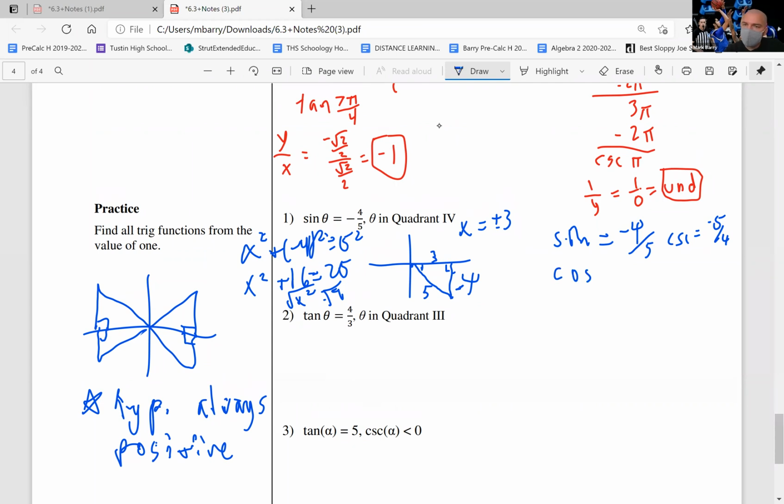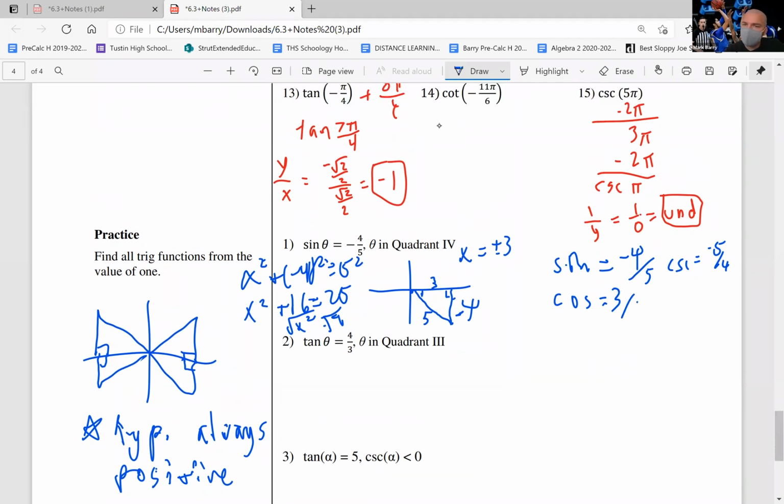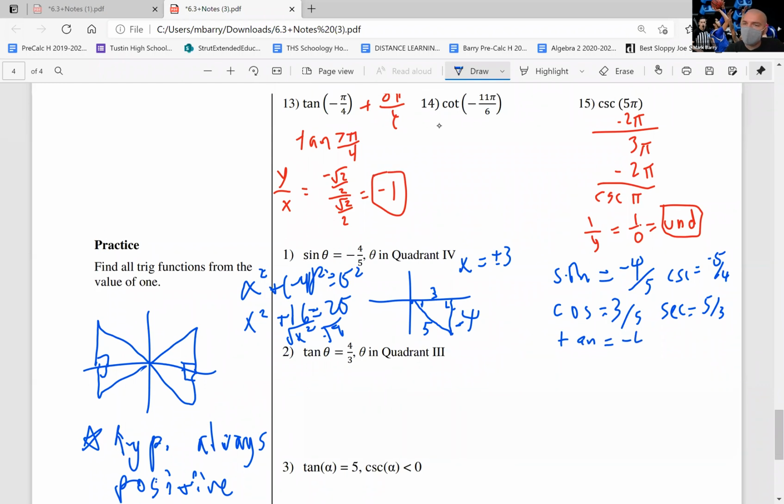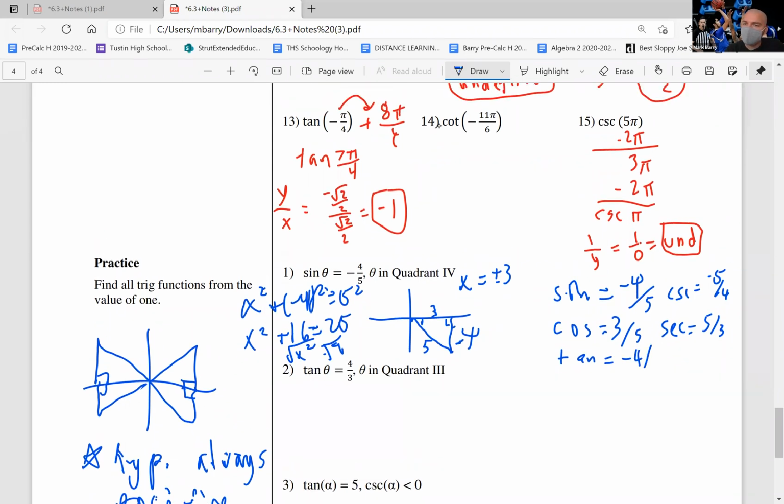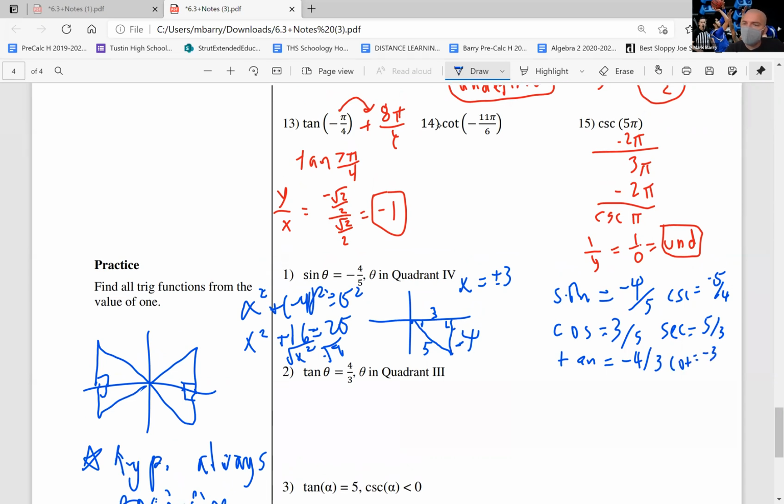Cosine is 3/5, which means secant is 5/3. Tan is -4/3. And cotan is -3/4.